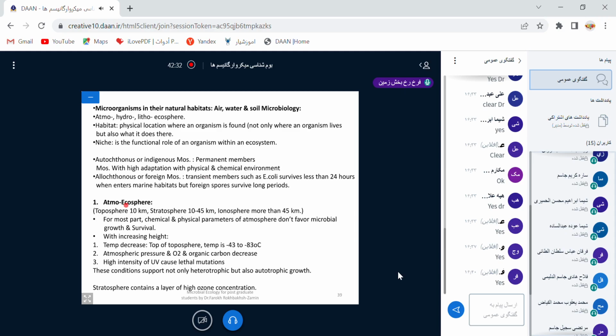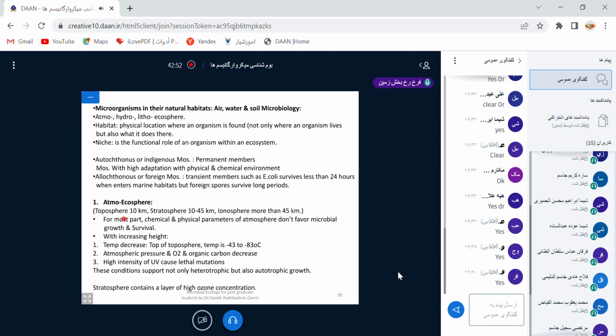So atmosphere, even though it contains some microbes, none of them are native. We don't have any native microorganisms present in the air.